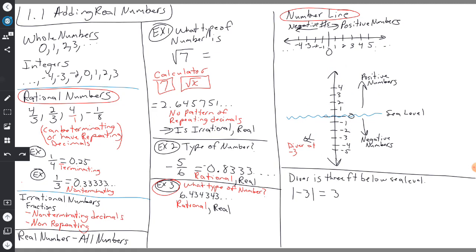So sea level is where the water and generally the ground is at. So if we go below sea level, we go in the negative direction, so deeper into the water. And if we're above zero, we're up above, heading towards the sky.